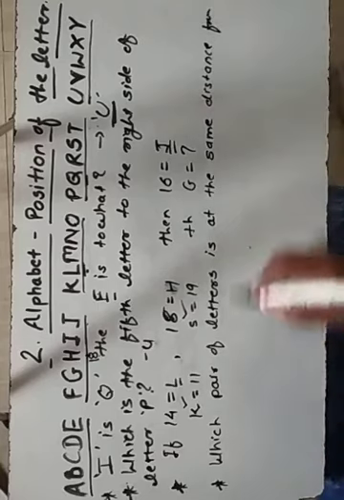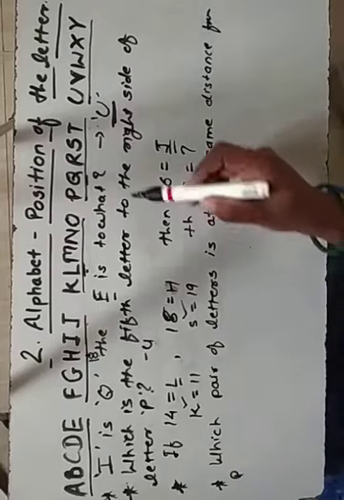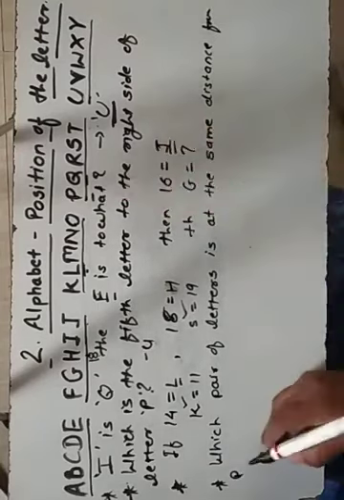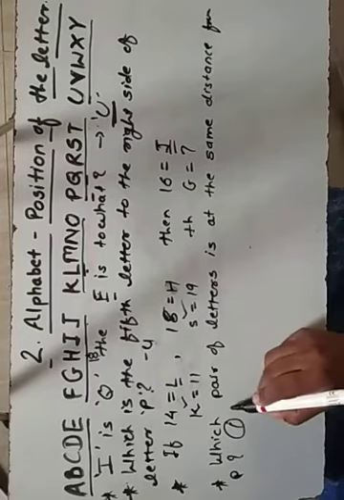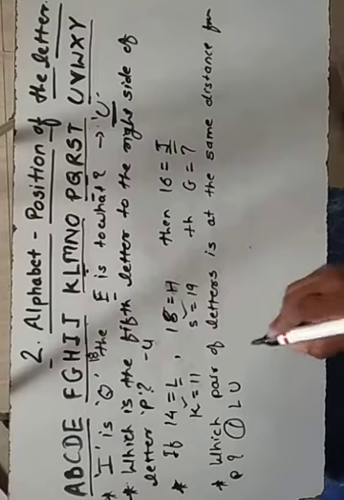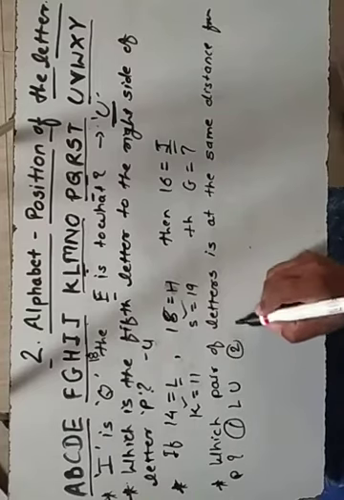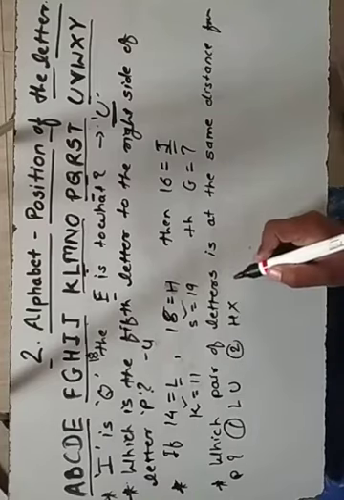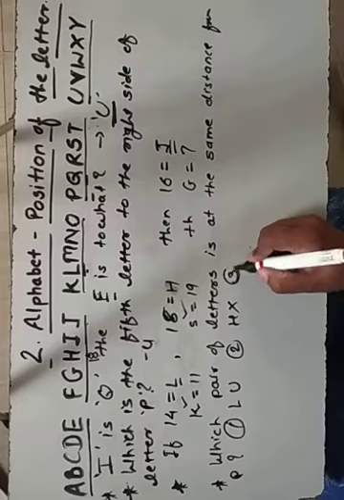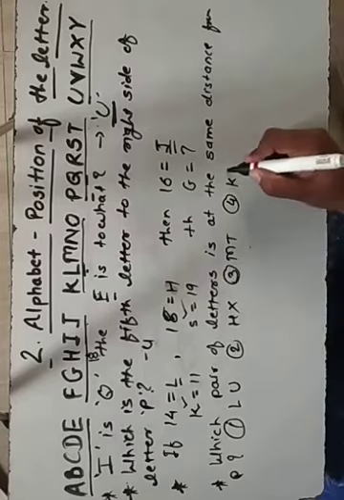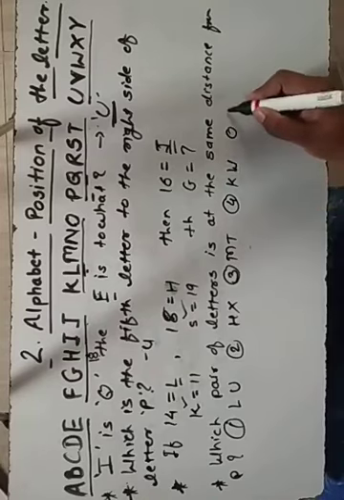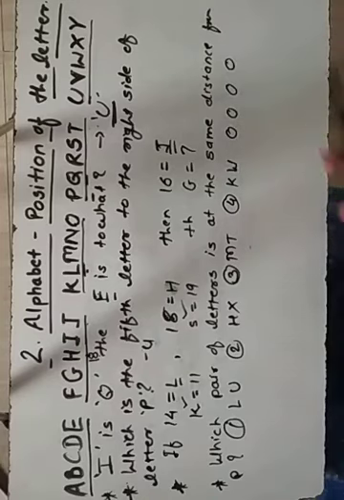P is here. The options: first option is LU, second option is HX, third option is MT, and fourth option is KW. We have to write its answer.